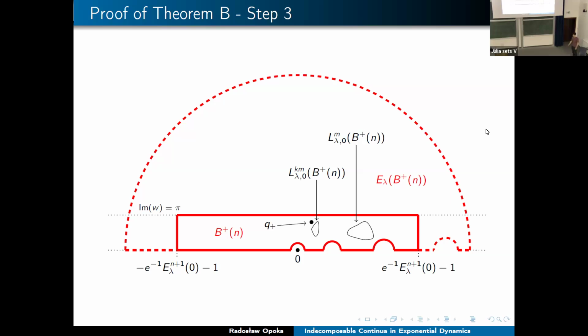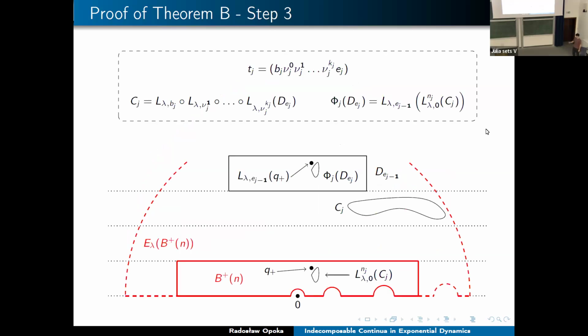And using some hyperbolic metric and the Schwarz lemma, we can prove that if we compose these logarithms, we can be arbitrarily close with such a set to the fixed point Q plus, or Q minus if it's in the set B minus.